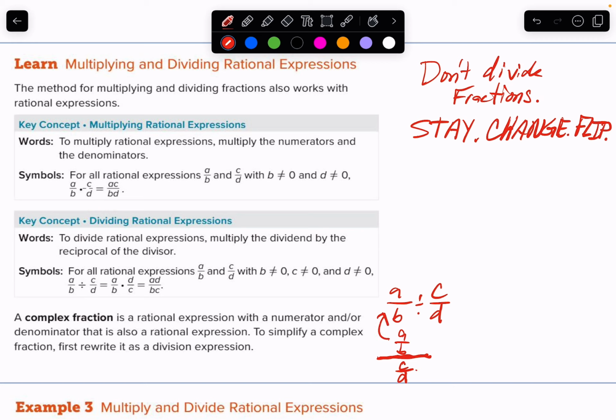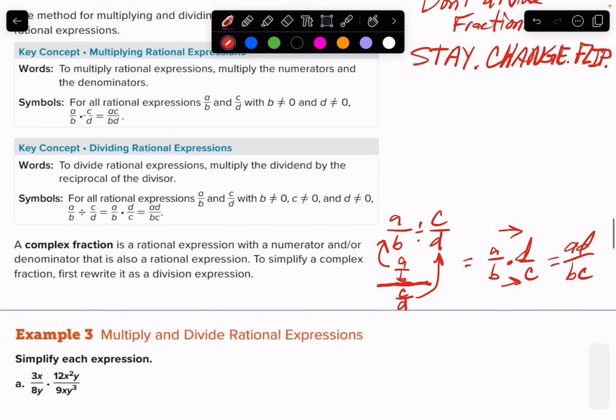The top is there, the bottom is that one. And all you have to do is stay A over B, change the multiply, flip the other one over. And then you just top times top, bottom times bottom. So AD over BC. If they have any factors in common, get rid of them.